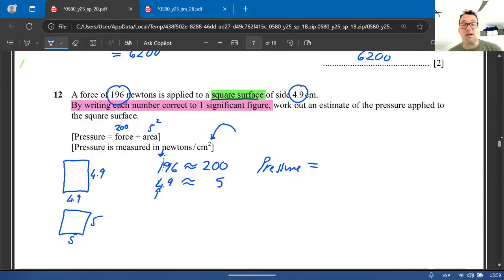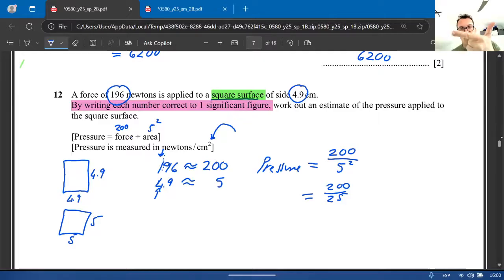Maths teachers should just pay attention to the little details, yeah? That also tells you the newtons divided by the centimeter squared. It's all in the units. Units is important. Okay, so that means you need to do 200 divided by 5 squared, which is 200 divided by 25.